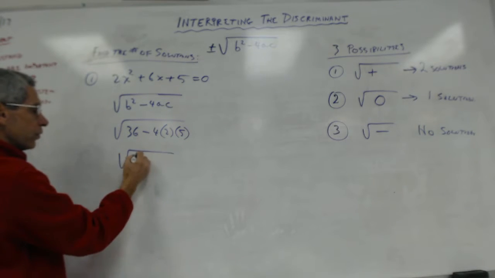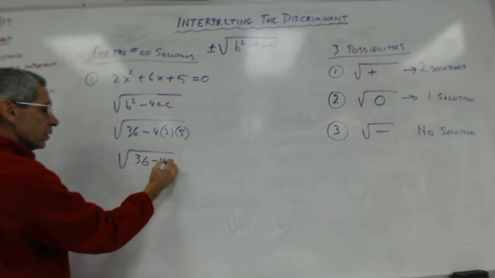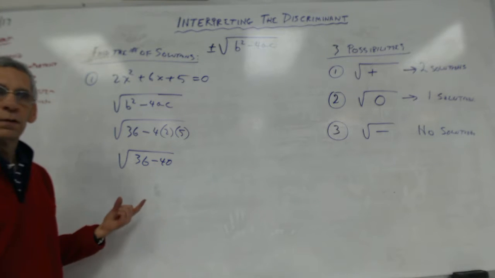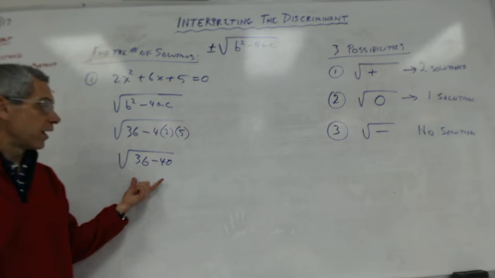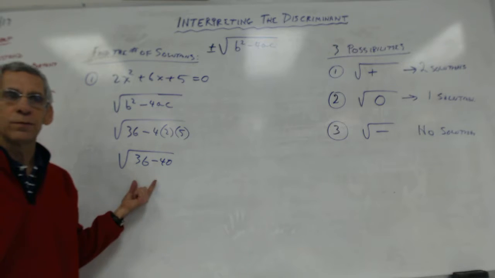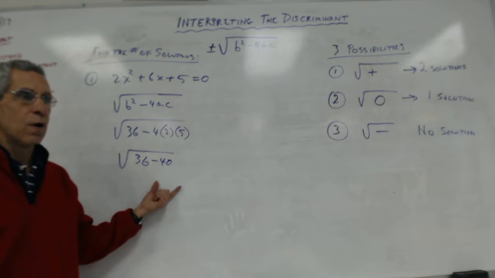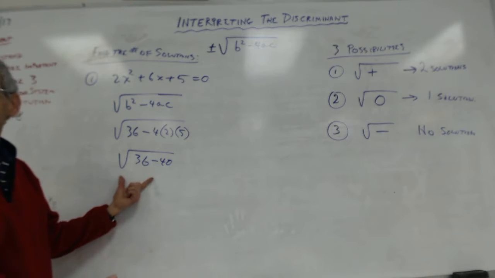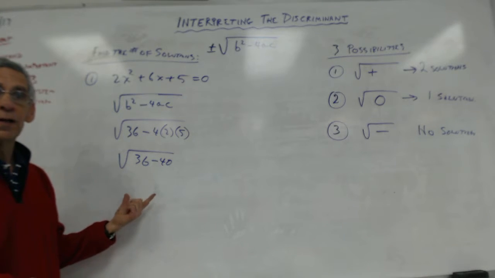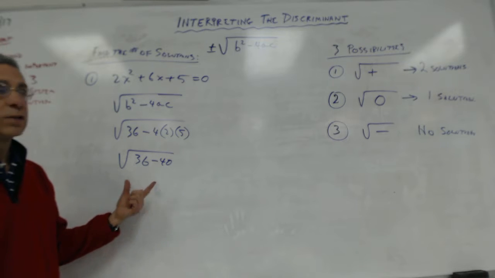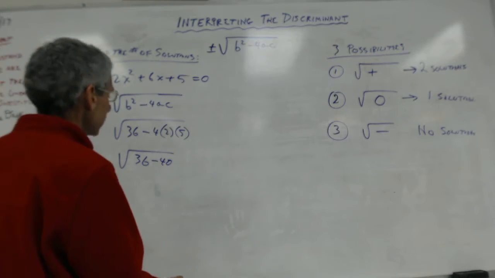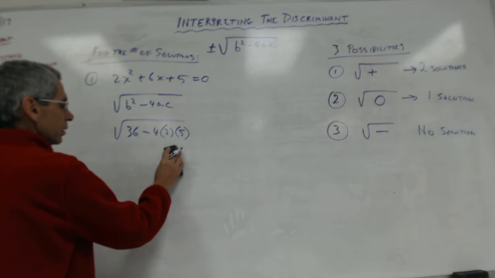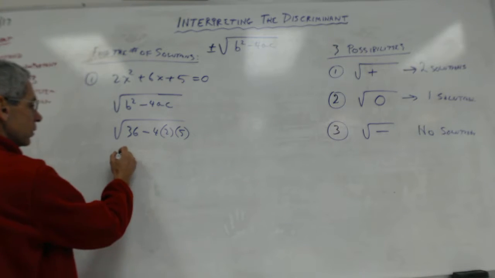So 36 minus 40. Do I have to go any further? No, I don't even have to figure out what 36 minus 40 is, because it's going to be negative. So how many solutions will this have? 0 solutions. No solutions. Exactly. Awesome.